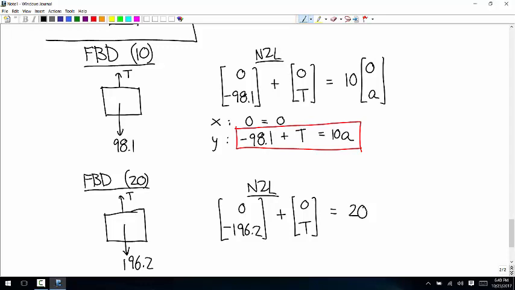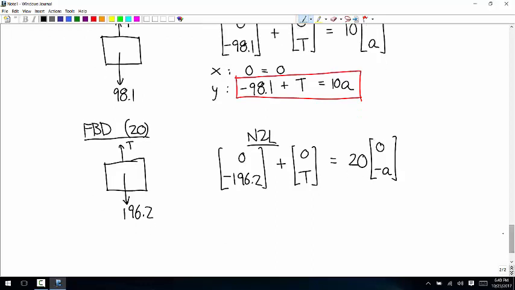This one has to have a downward acceleration of 1, so the vector has to be 0, negative a. The x equation doesn't give anything, but the y equation again gives negative 196.2 plus t is equal to negative 20a.